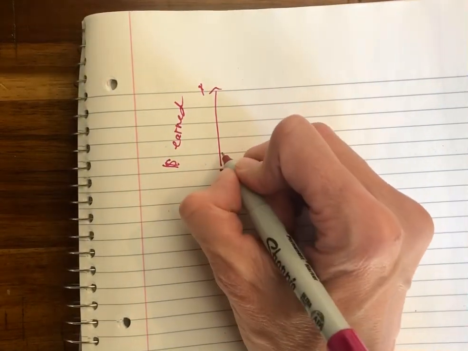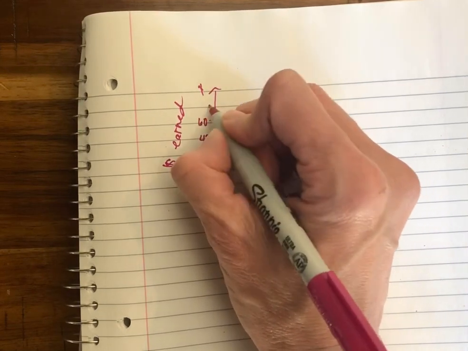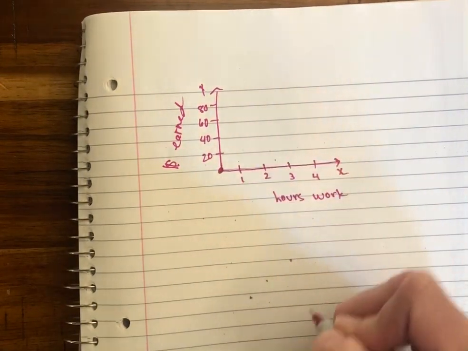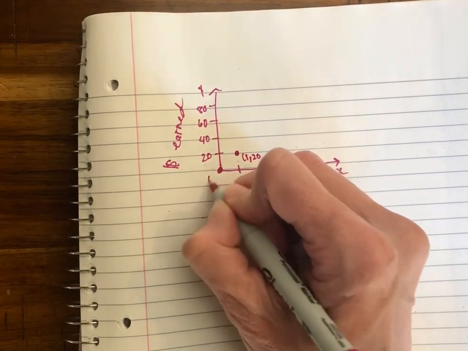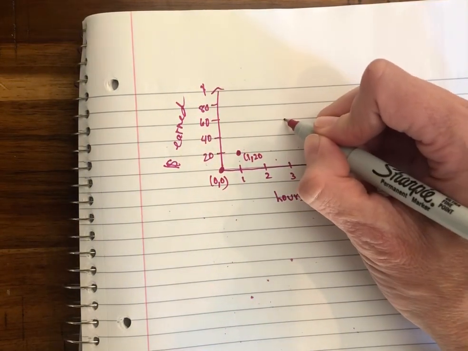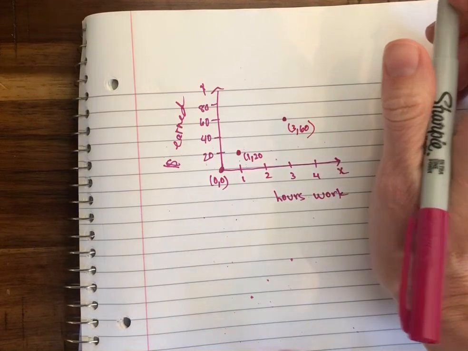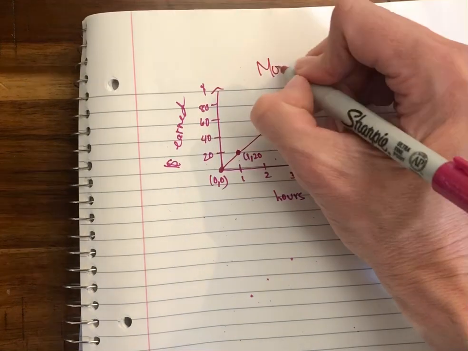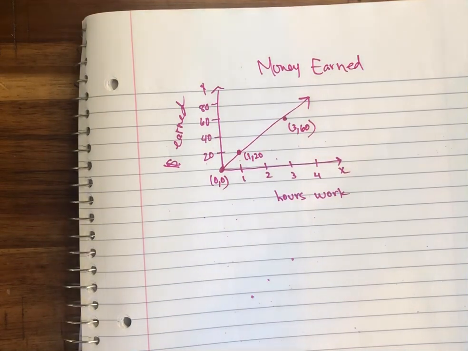And I'm going to count by 20s, 20, 40, 60, 80. And I'm going to make it proportional. So I'm going to start at 0, 0. 1, 20. I guess I could label this 0, 0. And let's say 3 and 60 is another point we're given. Okay, and we'll just do 3 points and we'll connect them like so. Okay, and then I don't know, maybe you need a title because I've always taken off points for no title. Money earned. I don't know what your job is, but money earned.